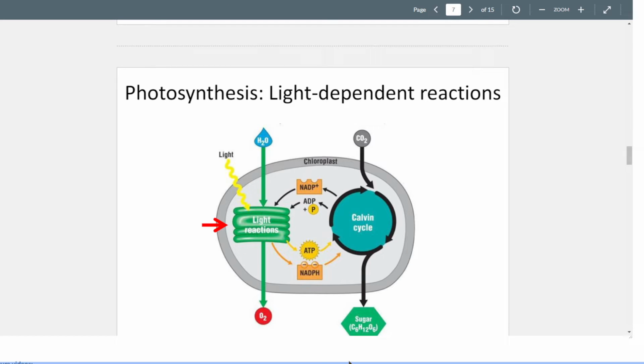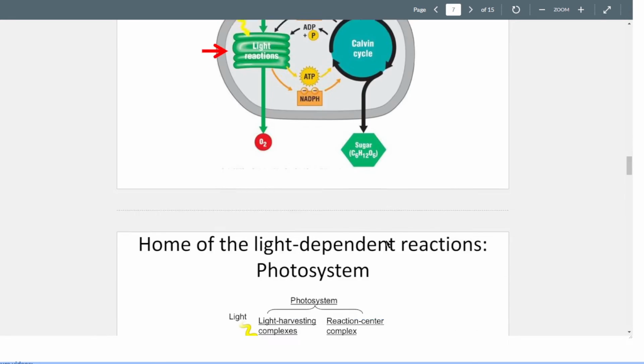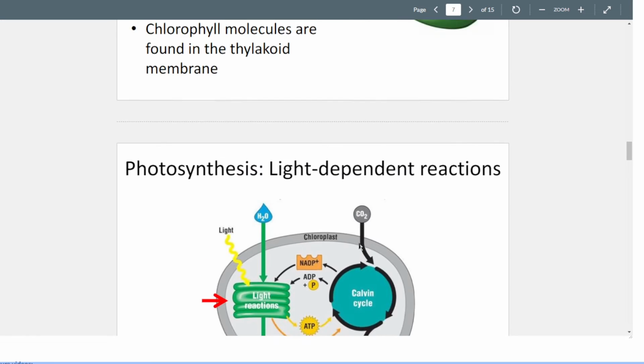In the light dependent reactions, we get water to oxygen, and we get ATP and NADPH. Then from the Calvin cycle, we get sugar and NADP plus and ADP plus P, which are waste products. Sugar, or glucose, is what we want.